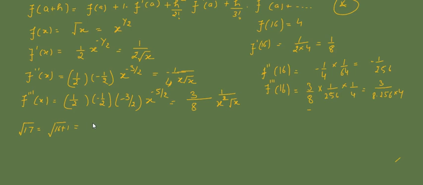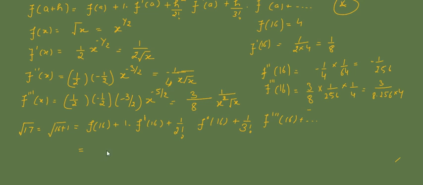So f of 16, that is square root of 16, so just write first f of 16 for simplicity. f of 16 plus 1 times the first derivative at 16 plus 1 square by 2 factorial, the double derivative at 16 plus 1 cube by 3 factorial, because h is 1 here, the third derivative at 16 and so on.